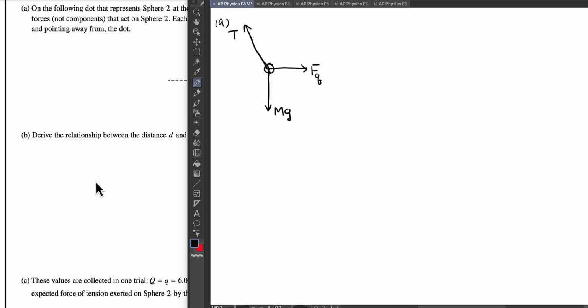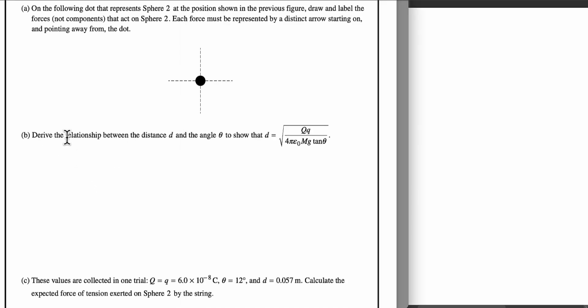Now question B: derive the relationship between distance d and the angle theta to show that d equals the square root of Qq over 4 pi epsilon naught mg, times cosine theta over sine theta. Okay, so we're going to use this equation to plot a relation between d squared and 1 over tangent theta in a later question.